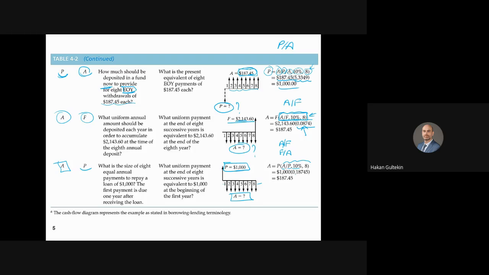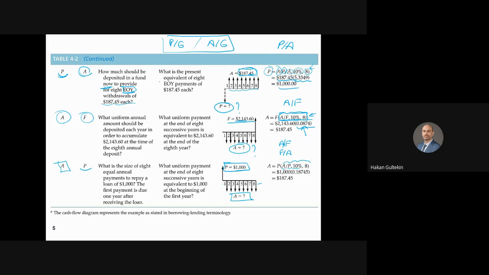So if you look at the tables in your book, now we learned the columns, the factors for F given P, P given F, F given A, P given A, A given F, and A given P. The last two columns, for P given G and A given G, we haven't seen them yet.